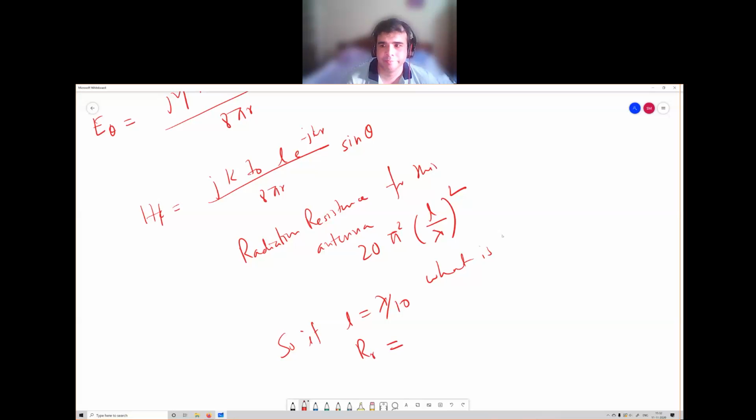What will be the radiation resistance of the antenna?